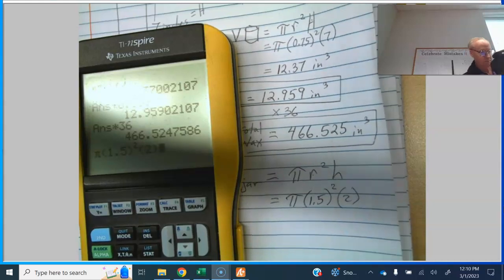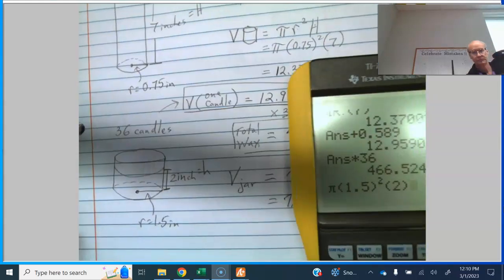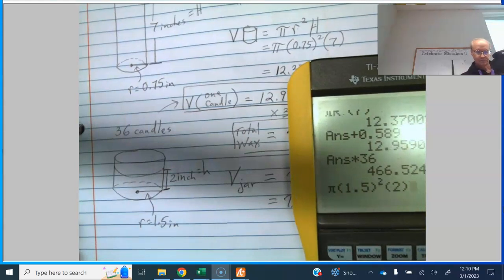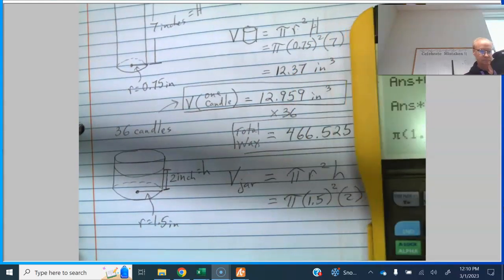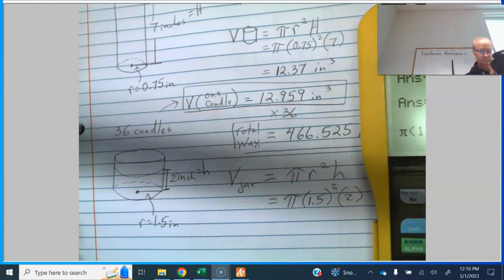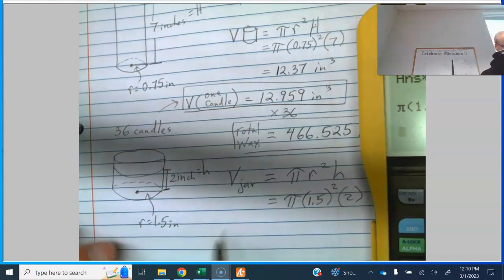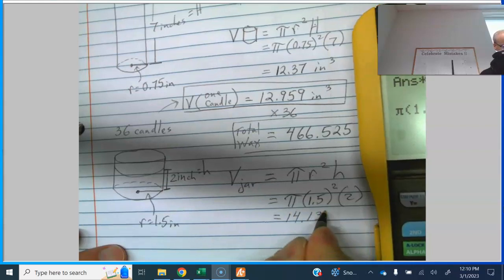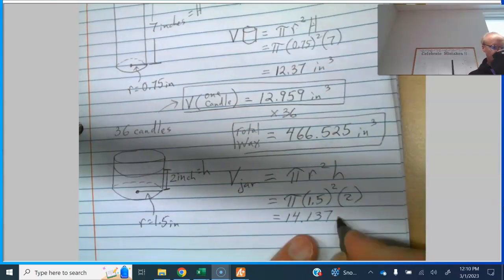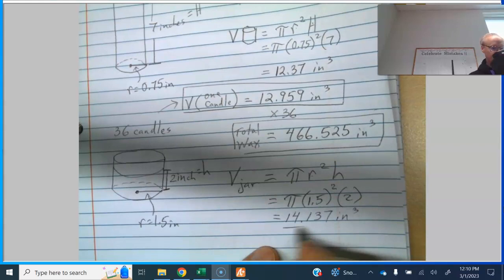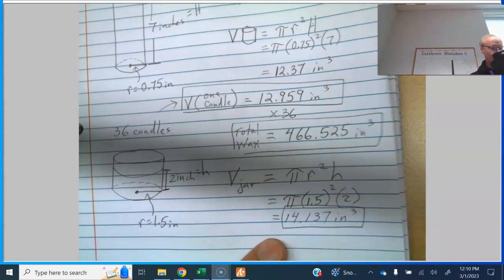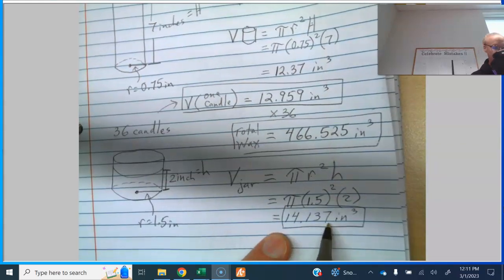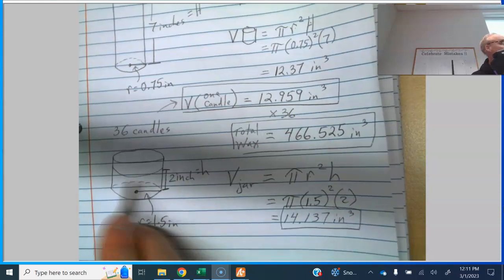See what you get? So each one of the jars is going to have 14.137 cubic inches of wax in it.